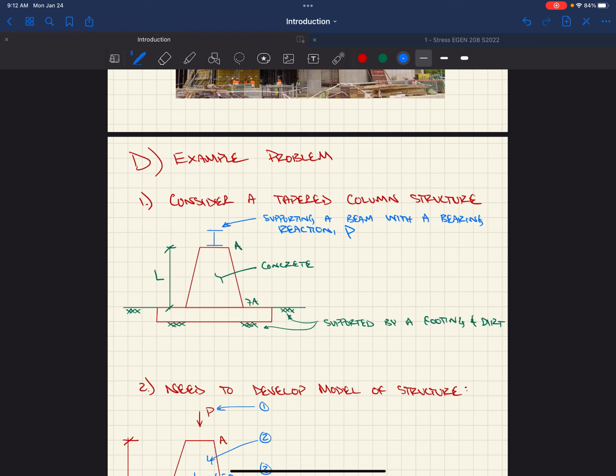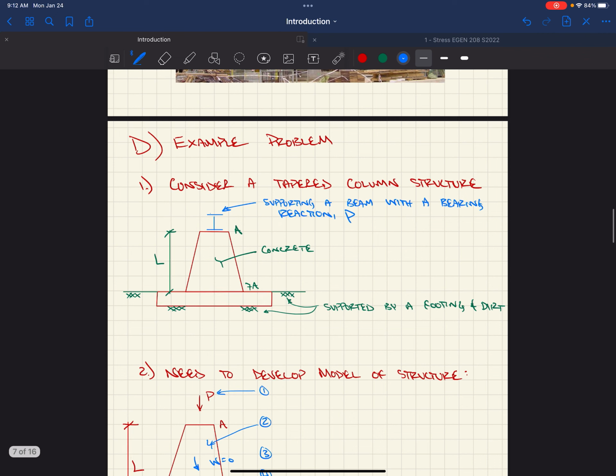It's on top of a tapered column. The tapered column sits on a footing, which then sits on soil. That's our bearing strata. Supported by a footing and then dirt below that. And if we were interested in, as we normally are, a field variable, we're going to look at displacement.